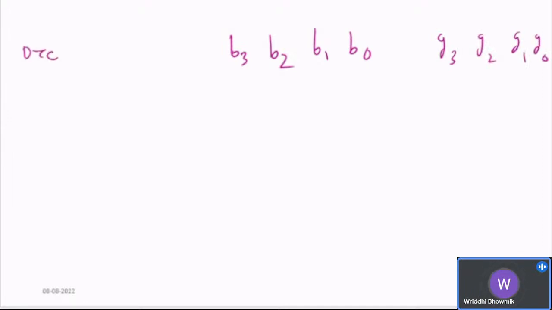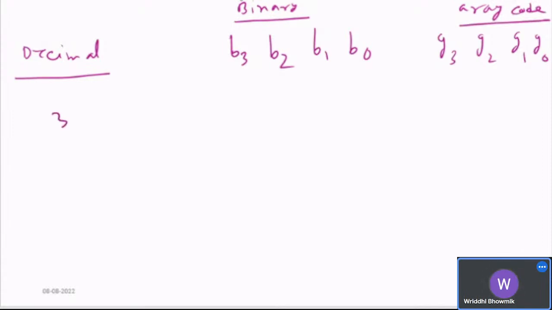Okay, and we have decimal. This is binary, and this is gray code. Right. So in decimal 3, we have 0, 0, 1, 1. For 4, we have 0, 1, 0, 0. For gray code, we have 0, 0, 1, 0, then 0, 1, 1, 0. Okay.